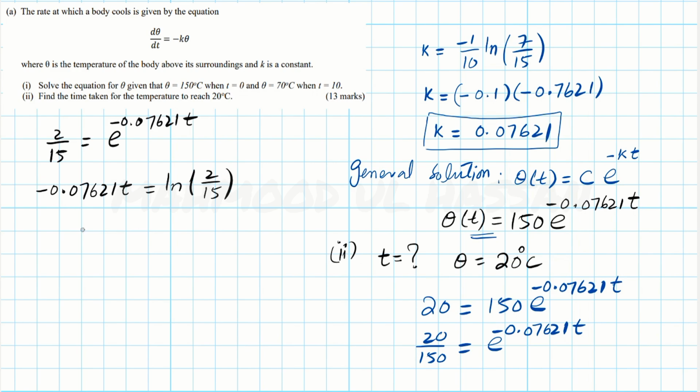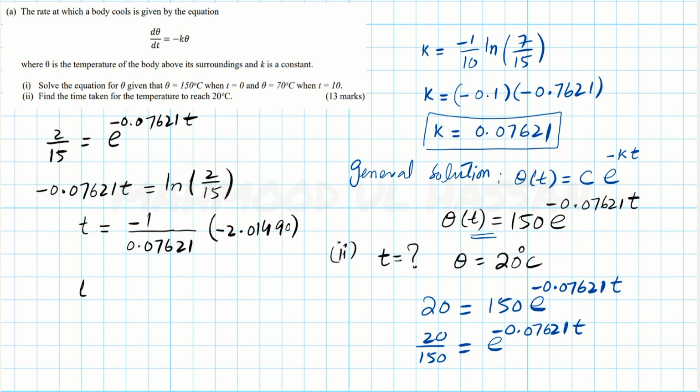Now divide each side by the coefficient of t, so it would become minus 1 divided by minus 0.07621 into the log of 2 divided by 15. So this is going to be minus 2.01490 approximately.